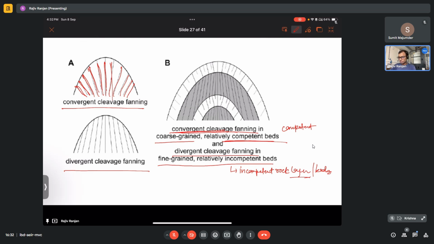So if you see this image, what are you able to see here? Which is more competent, which is less competent? What do you think?